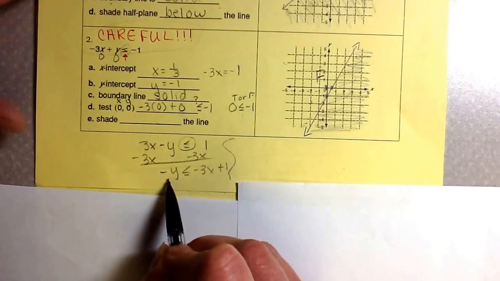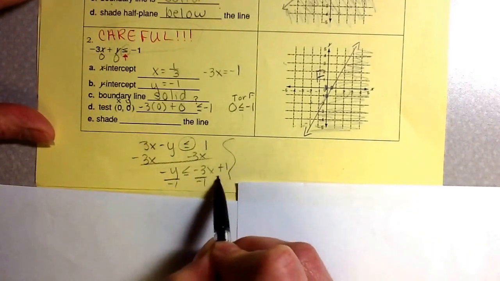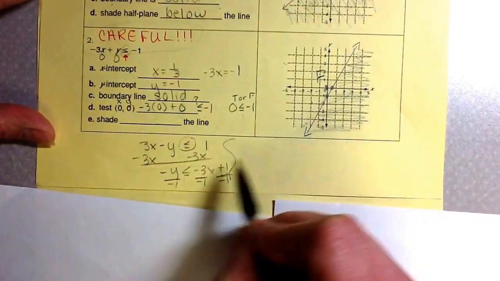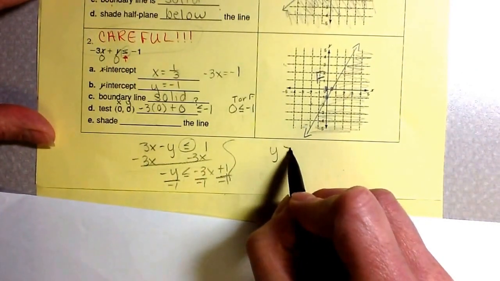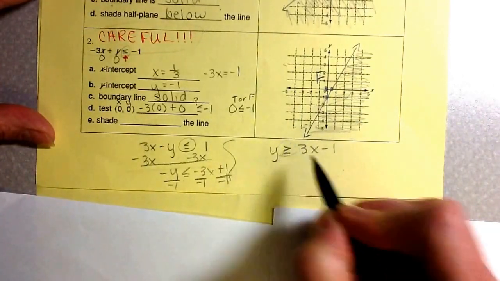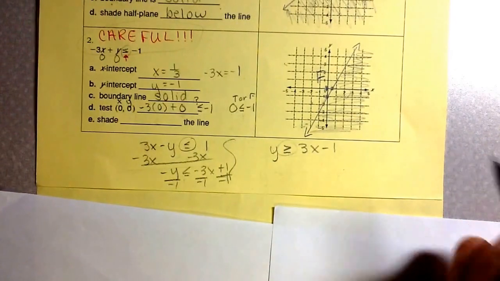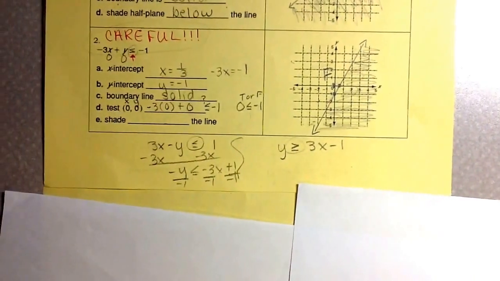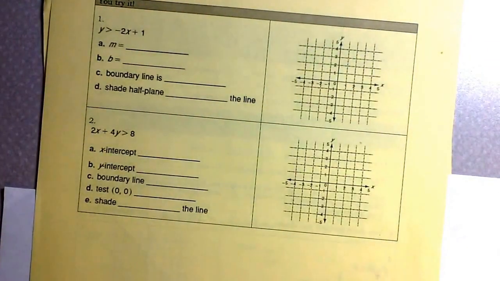And then when we divide by negative 1, we have to reverse the inequality. So what we end up with is y is greater than or equal to 3x minus 1. This is actually greater than. So be very careful when you're graphing with your x and y intercepts. Use the test point of 0, 0. All right, you have 2 questions on the other side for you to work on.